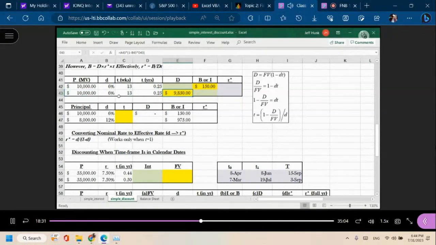If you have a $10,000 note maturing in 13 weeks, and you factor it today, what's the proceeds and what's the bank discount? We know it's the same problem, so this should be the same thing as this, and this should be the same thing as this. The bank discount is the difference between the two.